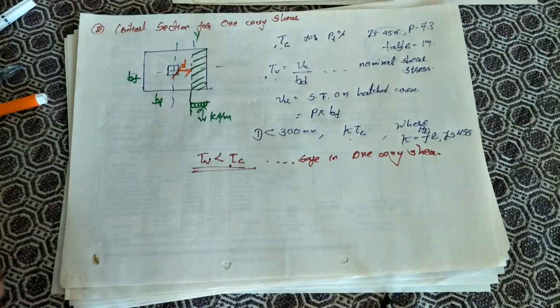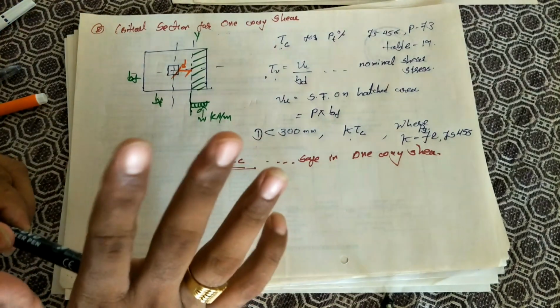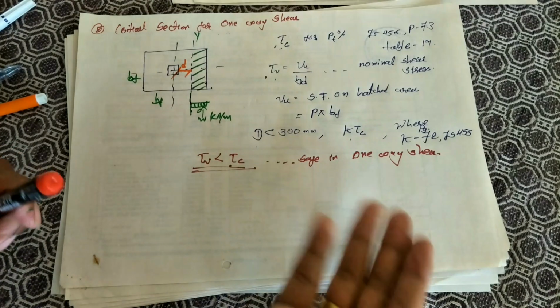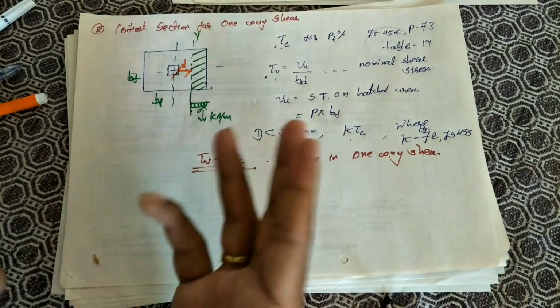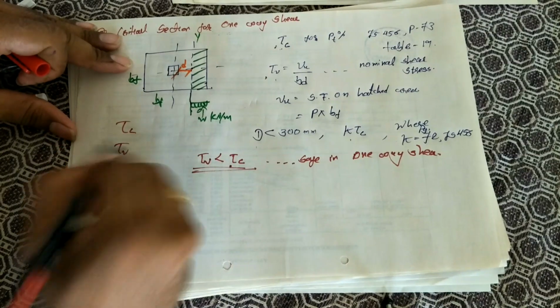So for the critical section for one-way shear, we have to check whether our footing is safe in one-way shear or not. For that you have to calculate tau c and tau v.